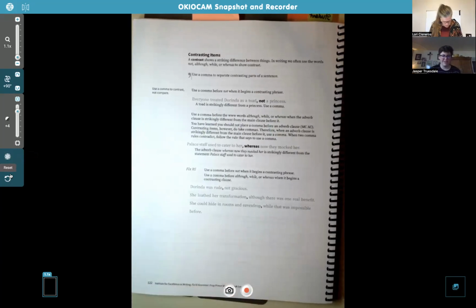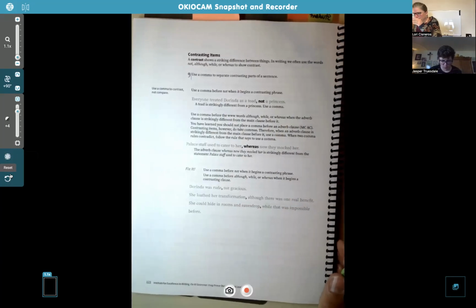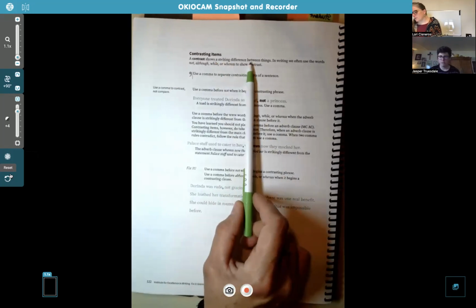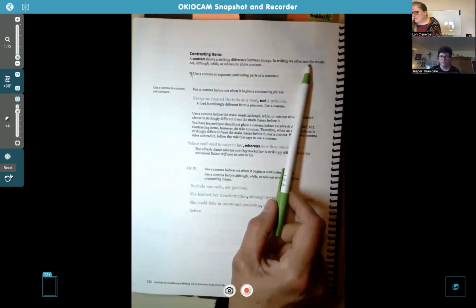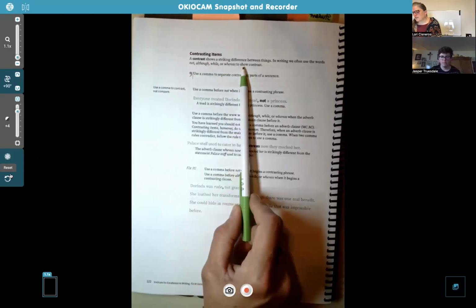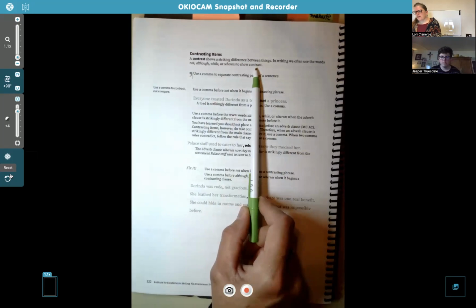So now I'm on page 122, and that is correct. That's funny. Okay, back on track. Contrasting items. All right, so a contrast shows a striking difference between things. In writing, we often use the words not, although, while, or whereas to show contrast.